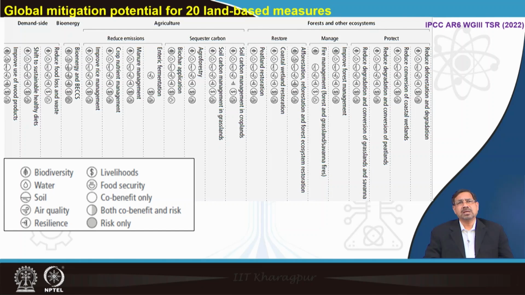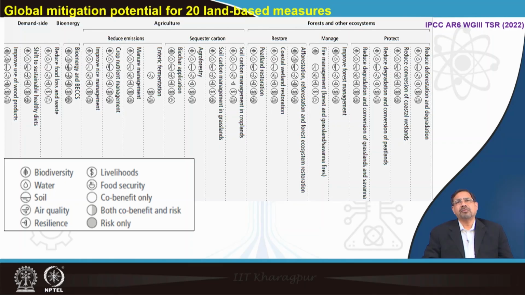It is mentioned here: soil carbon management in croplands, soil carbon management in grasslands, agroforestry, biochar applications, and as far as reduction of emissions is concerned, we have enteric fermentation, manure management, crop nutrient management, improved rice management.